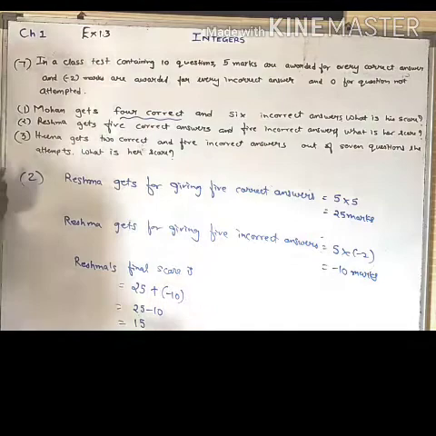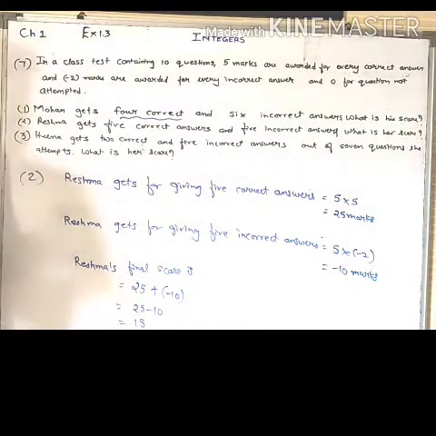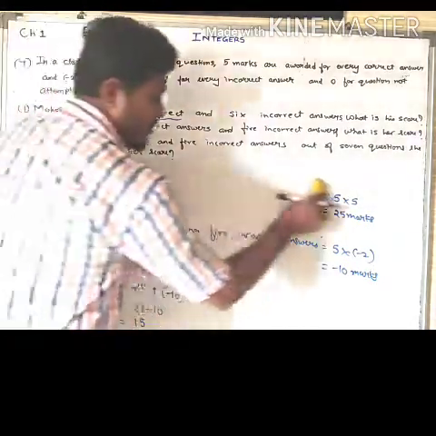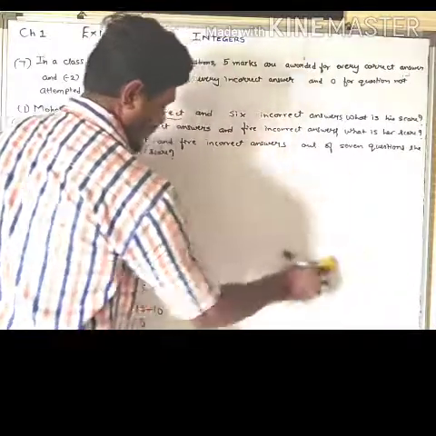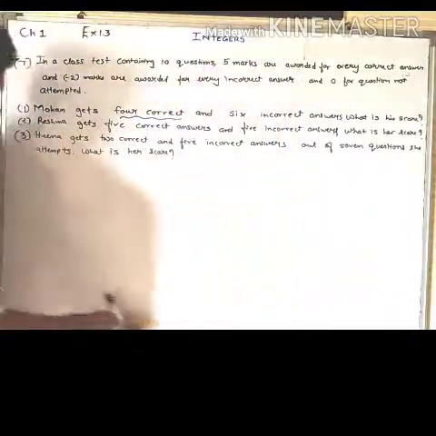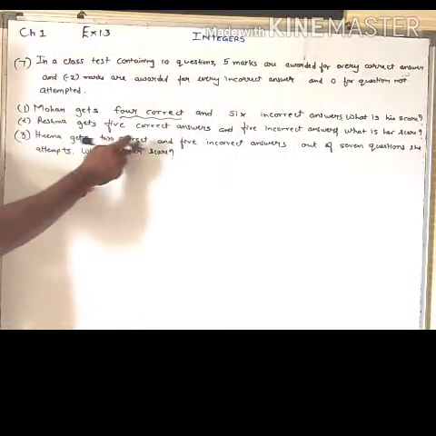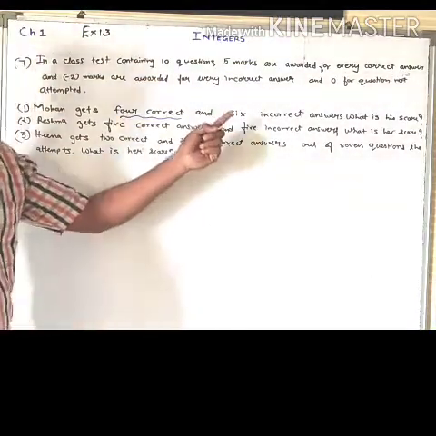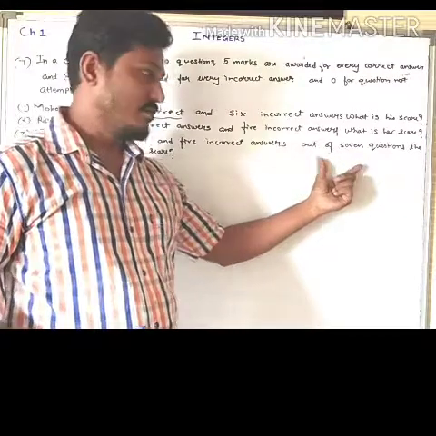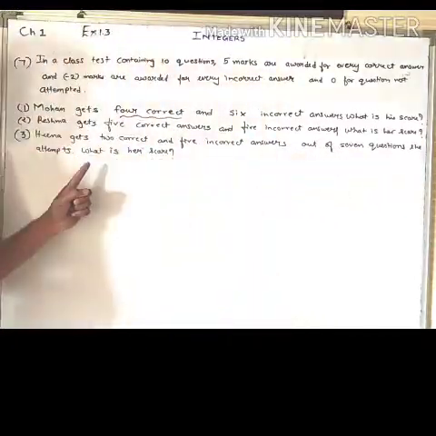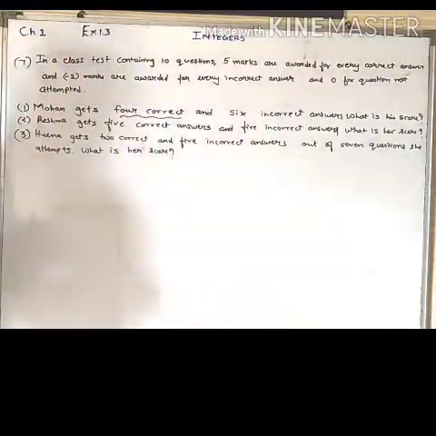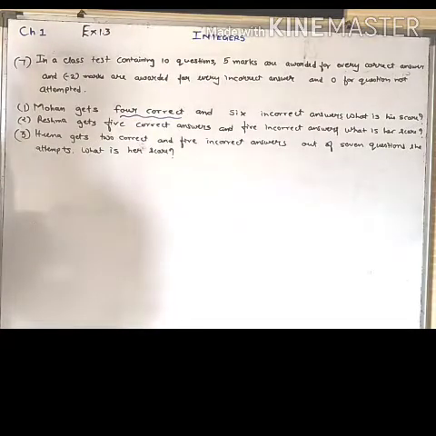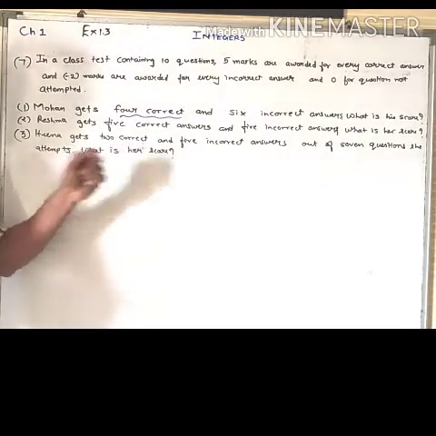Now let us see sum number third. In that is given Hina gets 2 correct answers. She gets 2 correct answers and 5 incorrect answers out of 7 questions she attempted, what is her score? Now dear student, she gets 2 correct answers.